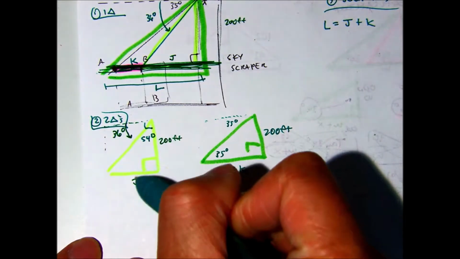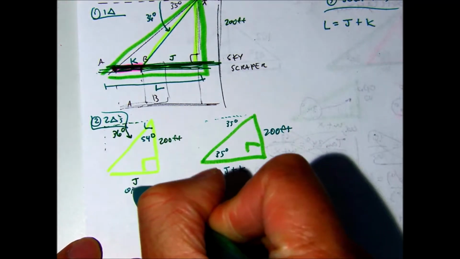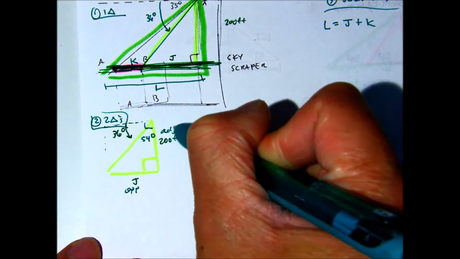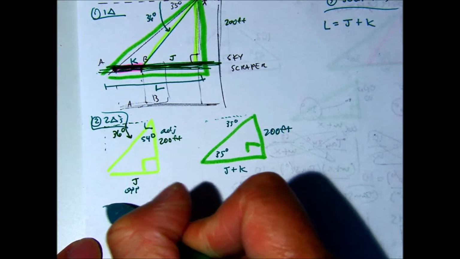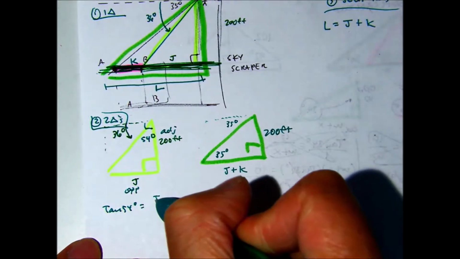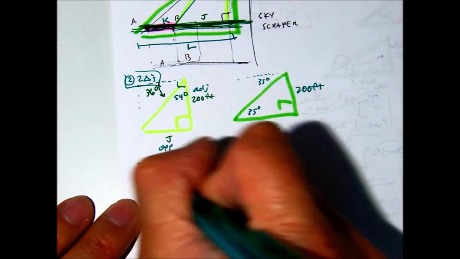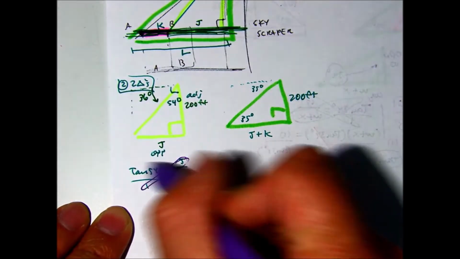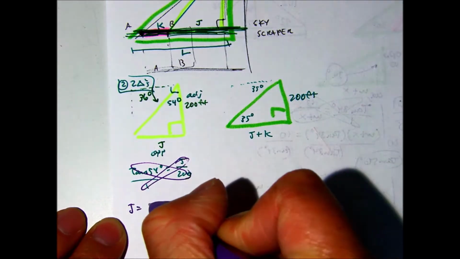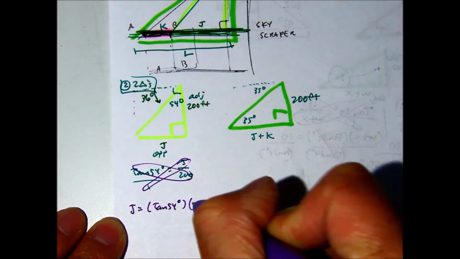Degrees, so that is the opposite side. That's the hypotenuse. This is the adjacent. So which trig function, class? Tangent of 54 degrees equals j over 200. I'm going to cross multiply. So I get j equals tangent of 54 degrees times 200.